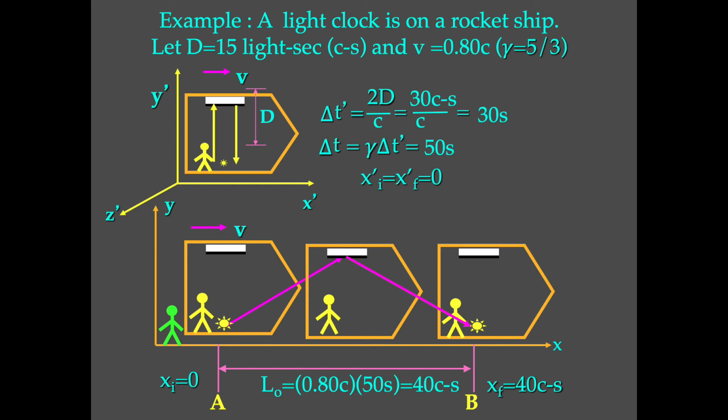So x initial prime equals x final prime for the person in the rocket, but then for us, x initial is 0 and x final is 40. So let's write that down too.